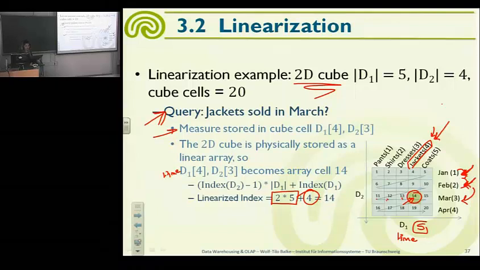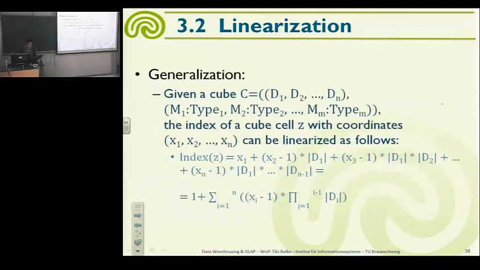But in the higher dimensions, we're not talking about jumping 1 dimension, which is basically 1 row, which is now only, I'm jumping January and February, so I'm only multiplying 2 by the cardinality. If you go to higher dimensions, it gets a little bit complicated because you're not only talking about arrays, but if you're talking about 3D cubes, when you're jumping dimensions, then you'll probably be jumping a 2D plane. And after you jump the 2D plane, you have to jump the 1D dimension, which is now a row.